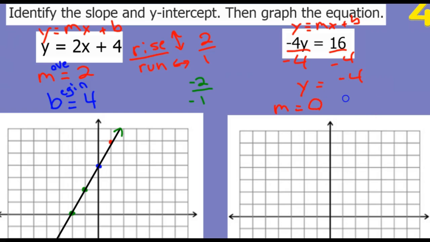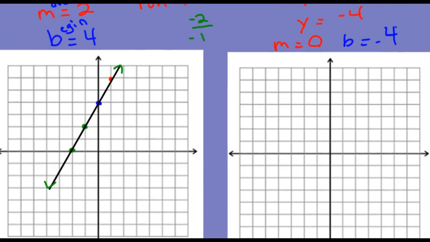And our b is -4. Well, we know our b is our y-intercept, so we can go down to -1, -2, -3, -4 on the y-axis. And since our slope isn't going up or down, we know it's just a straight line.